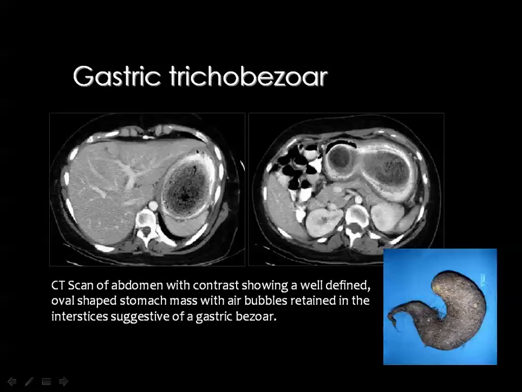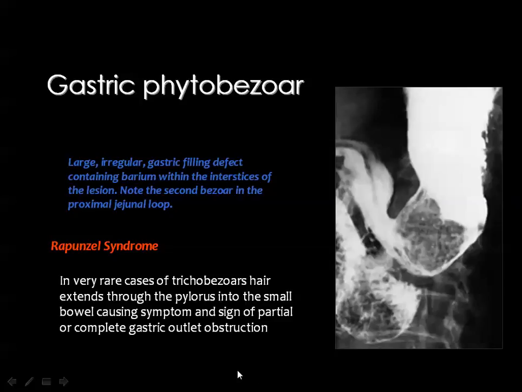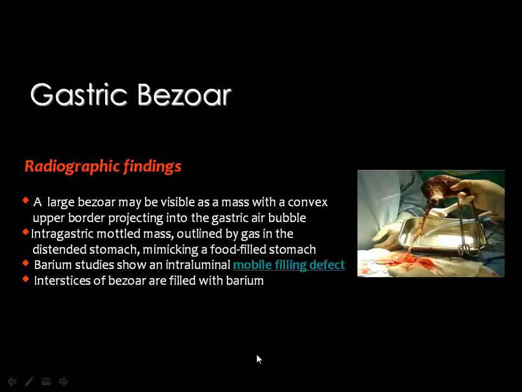And you know that in order to get rid of this bezoar, you should have surgery, and the stomach should be evacuated from this massive accumulation of hair, as you can see. Then if the bezoar has a component in the stomach and has extended into the small bowel, this is known as this syndrome, I assume that is Rapunzel syndrome.